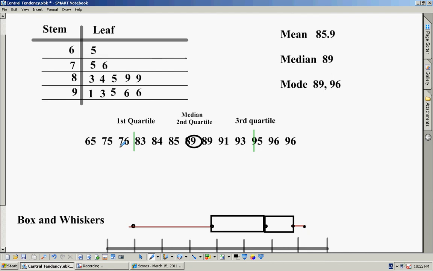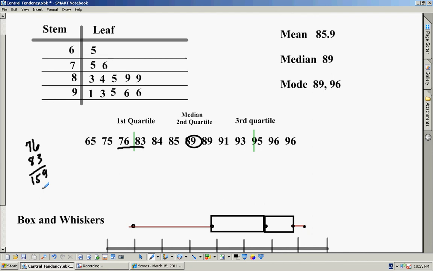Your quartiles should be the numbers between these two right here, which is, let's see here, is that right? Yep. Okay, 76 and 83. Add those two together, and that gives you 159.